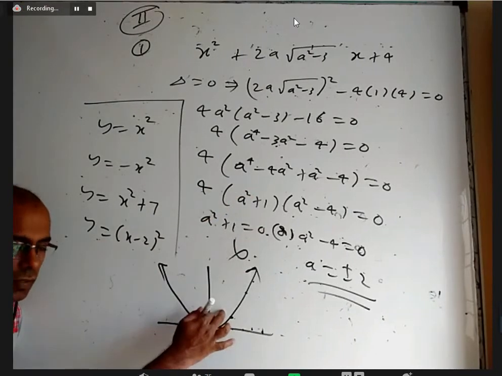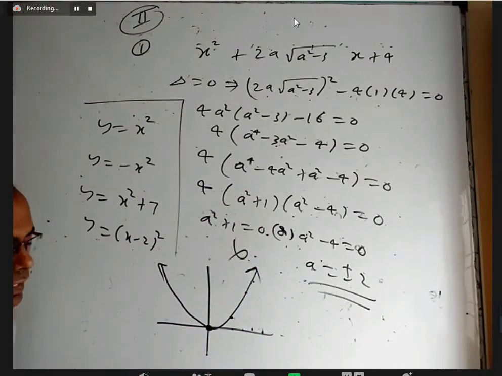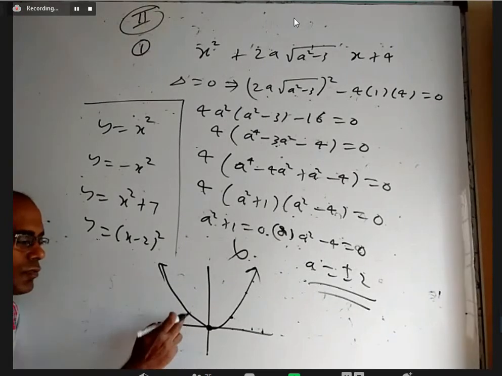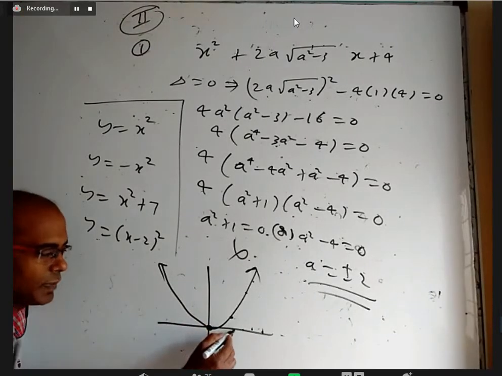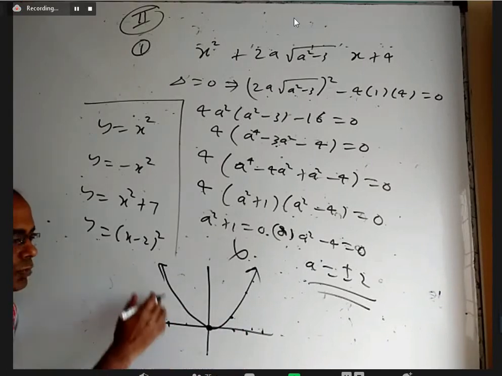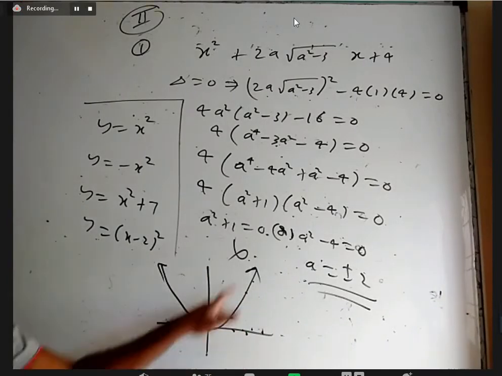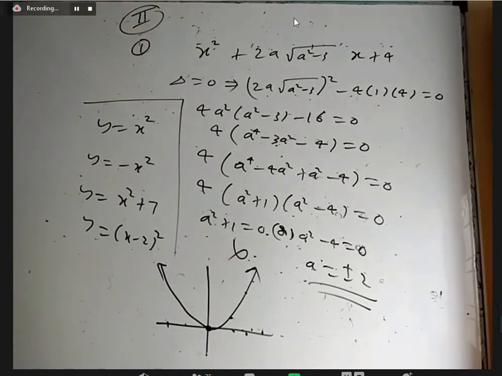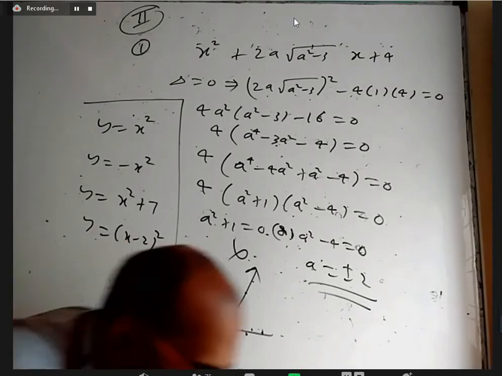At 1 it is 1, but at 10 it is 100, 10 times that. At minus 1 also it is 1. At minus 2 it is 4. So whatever happens at 1, the same thing happens at minus 1. Whatever happens at 2, the same happens at minus 2. So somewhat like a U shape will come. Based on that, try to draw these graphs. Tomorrow we'll discuss this in class. Okay. Thank you very much.